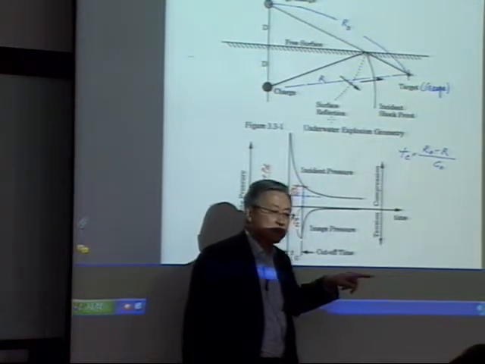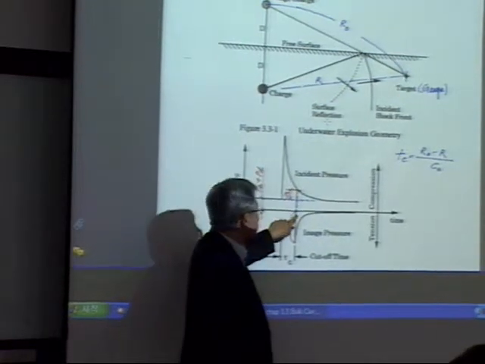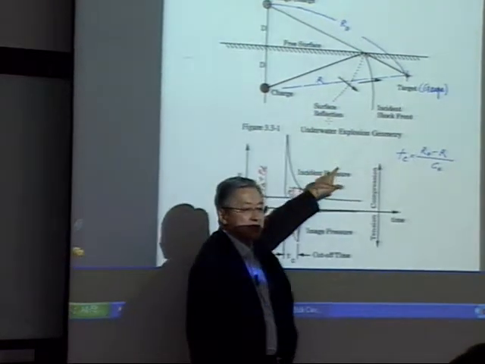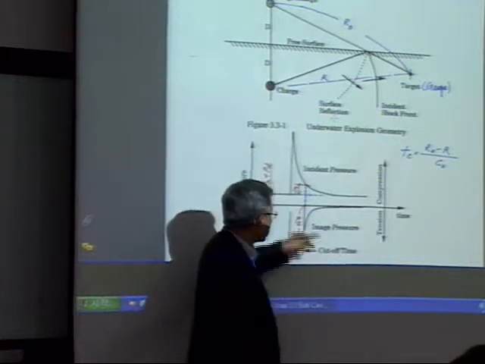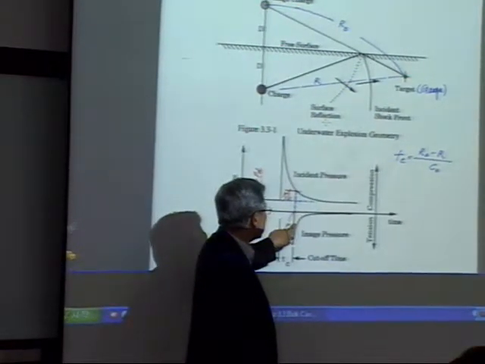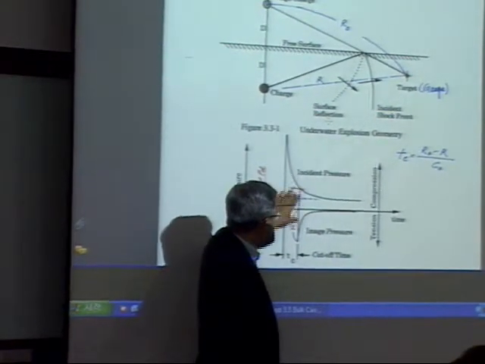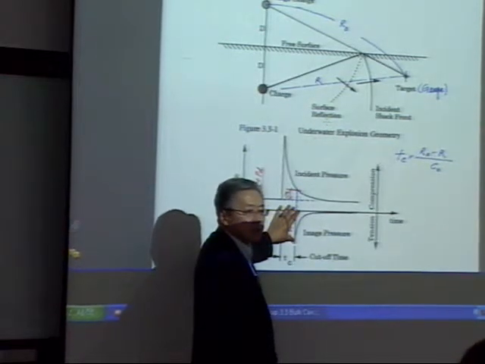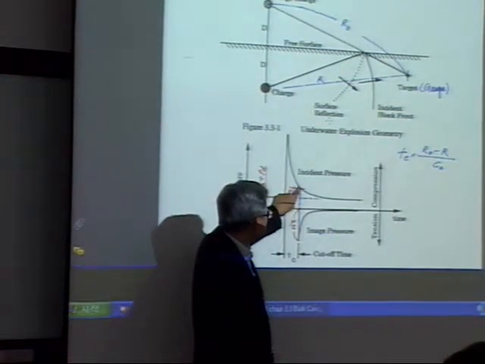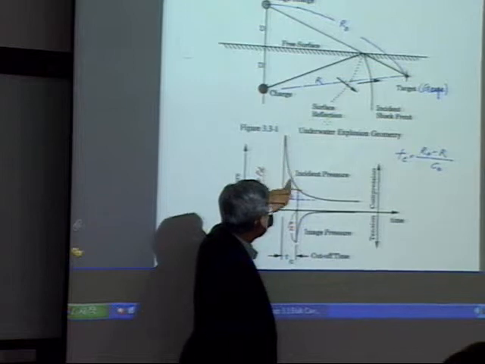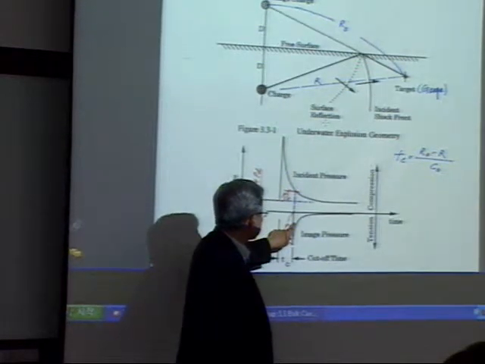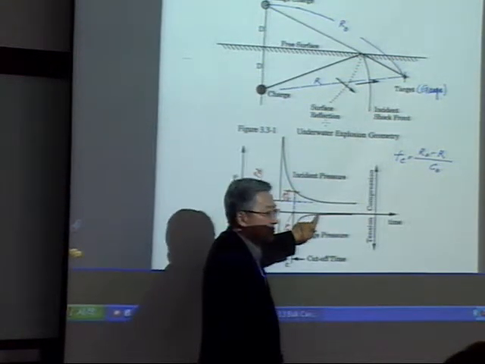Is it clear? It could go below zero, depending on the depth of the target. When you add this plus that, then what happens? You can draw, okay, it comes up, down there, it could go there, it could go like that.